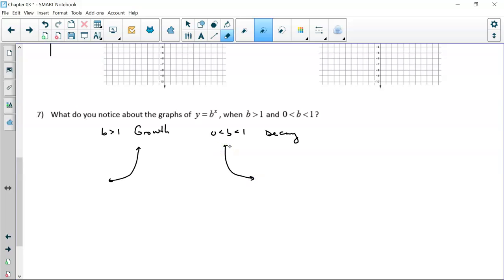If you notice with those values, b cannot equal 0 and b cannot equal 1 because then it doesn't operate in that exponential function. It doesn't grow or decay, and they're not continuous. So that's why b is greater than 1 or b is between 0 and 1, never including 0 or 1 in your values. We're going to finish up this part with some general characteristics on the next page.